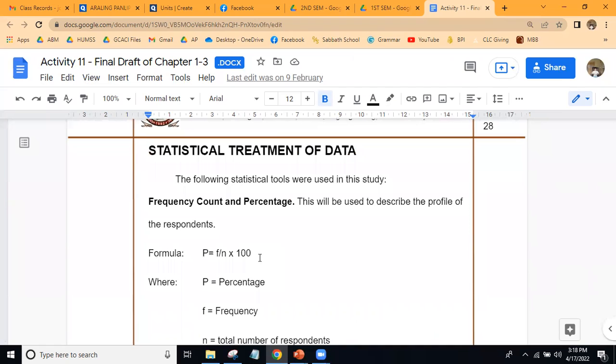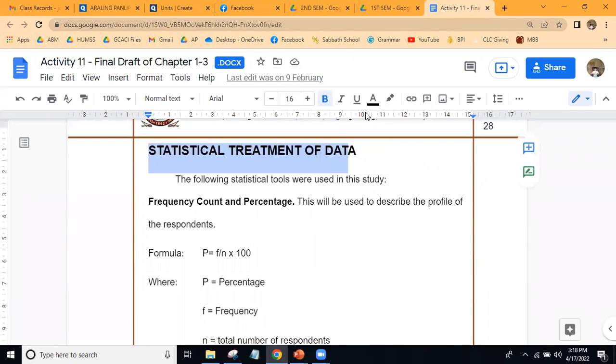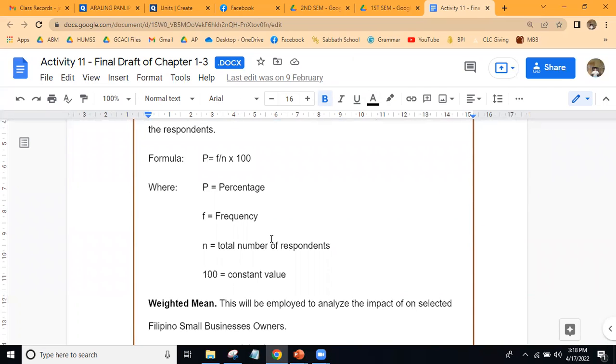No? Statistical treatment of data naman, nariyan frequency count and percentage. No? So ito yung ating gagamitin na mga formula in analyzing the data, sa chapter 4.